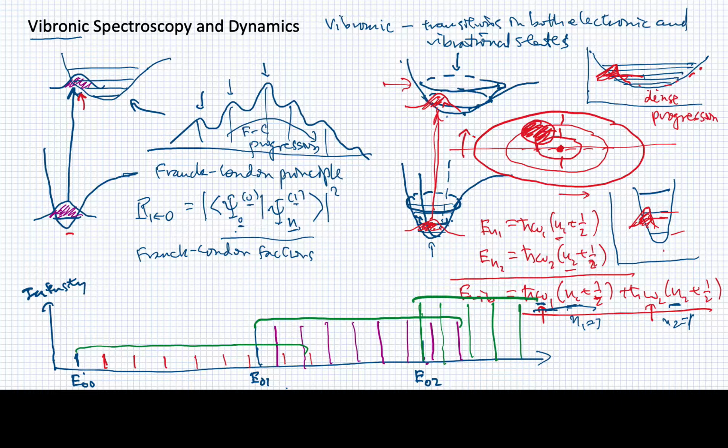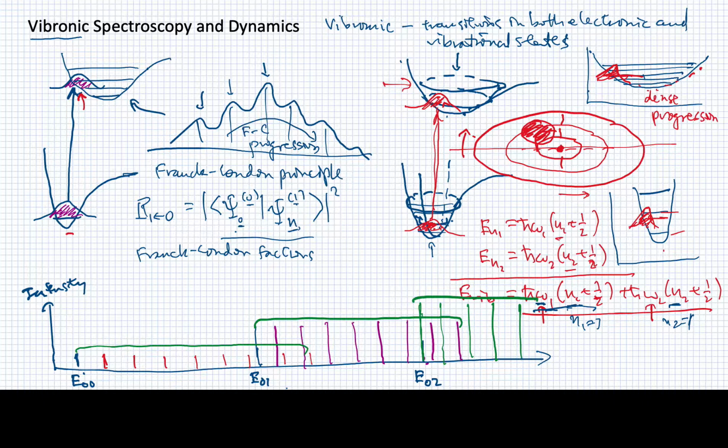So this is the sort of thing that you would see in a vibronic spectrum if there's more than one vibration that's been activated. Now the whole reason for going through this is to get you to think about the fact that polyatomic molecules have many vibrations, many normal modes, and all of them, or none of them, or some of them can be activated by an electronic transition.